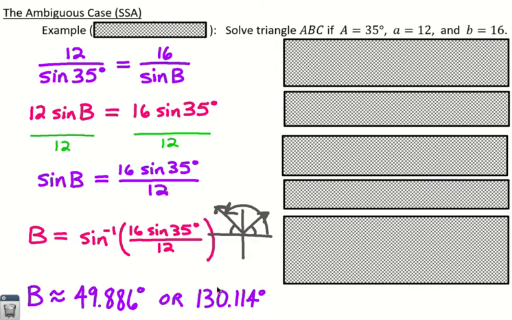So could that instead, right? Because if our first angle is 35, and if we choose our second angle as 130.114 degrees, there's degrees left over for an angle C. So guess what? These are both good.